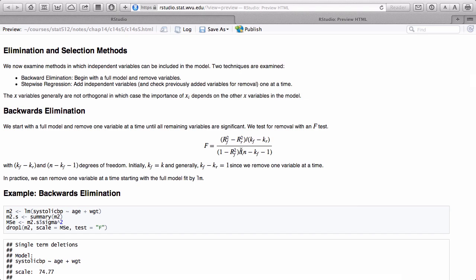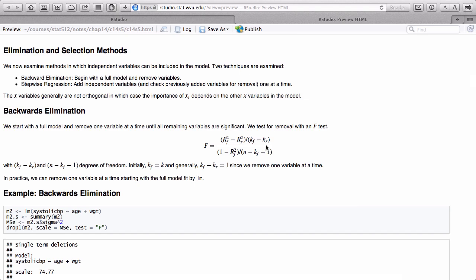So k sub f is the degrees of freedom for the regression for the full model. It's the number of terms. k sub r is the number of terms for the reduced model. Usually the reduced model just has one fewer term, so k sub f minus k sub r is equal to 1, because I just drop out one term.